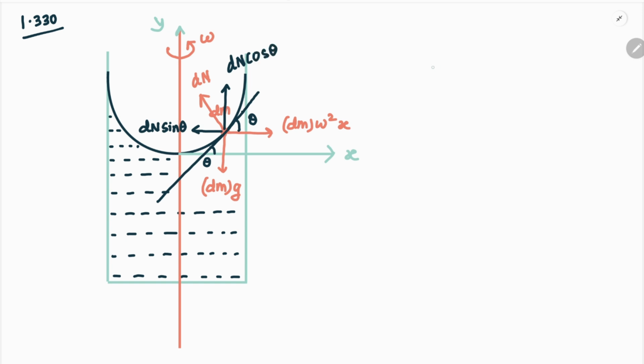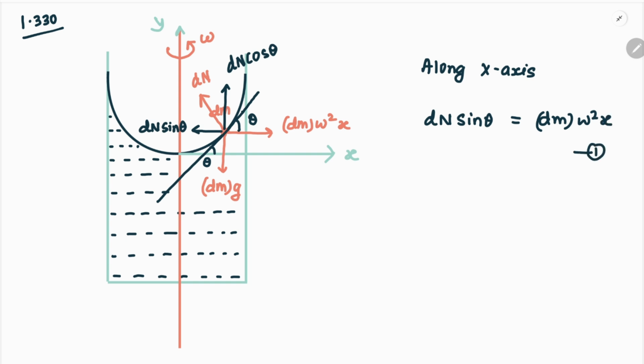Then we can say along x-axis, dn sine theta equals dm omega square x.